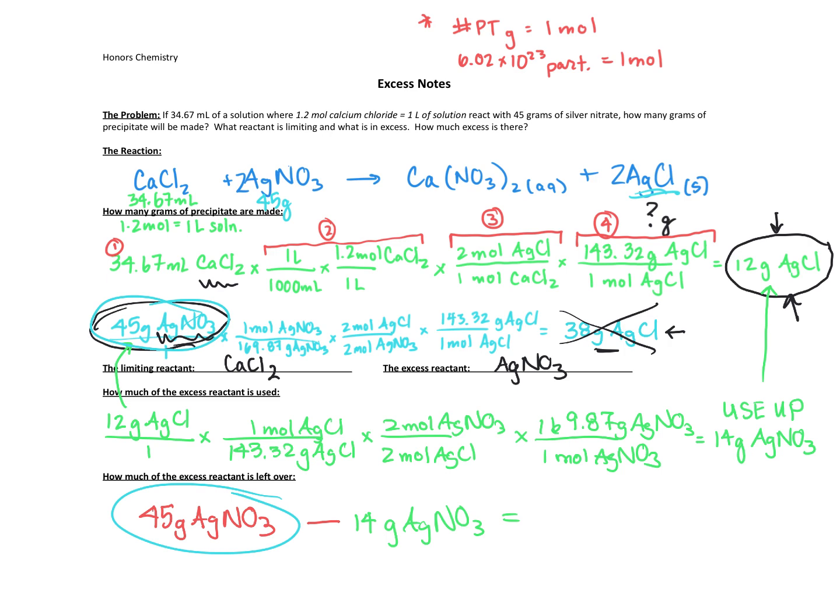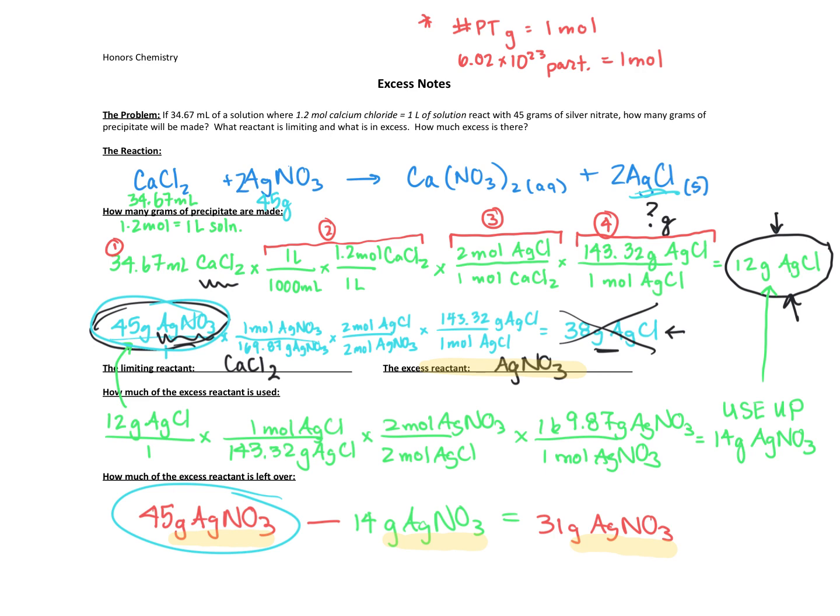How much we have left over in this case is going to be 31 grams of silver nitrate. And one of the really important things to watch out for is when you do this last part, your units should match. It should be grams of silver nitrate, grams of silver nitrate. Your answer is going to be grams of silver nitrate because you're asking how much of your excess reactant is left over at the end.